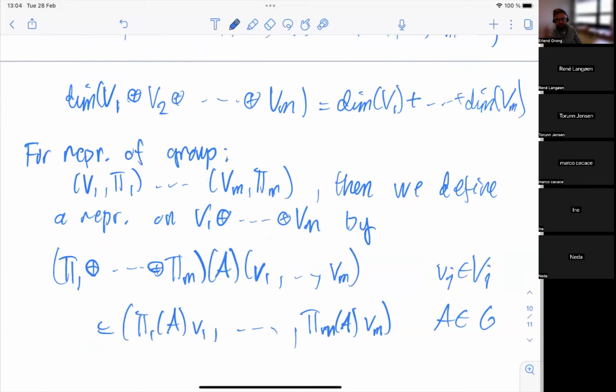So if we have a direct sum, then that's just using each representation on each of the elements. So this is the easiest one.